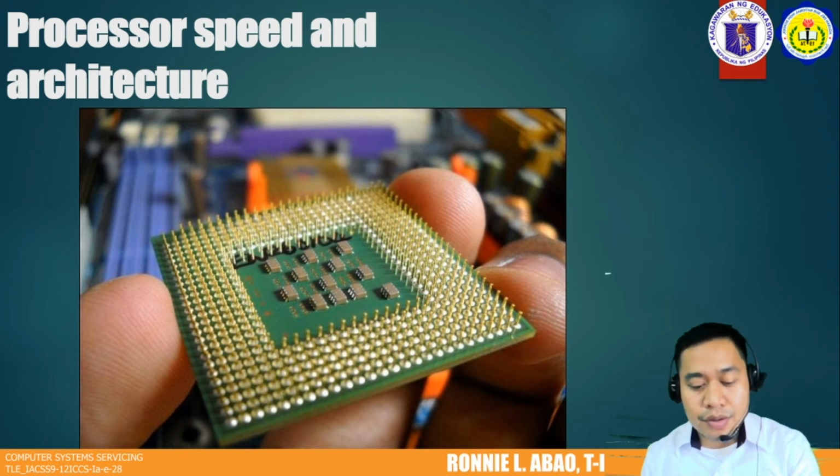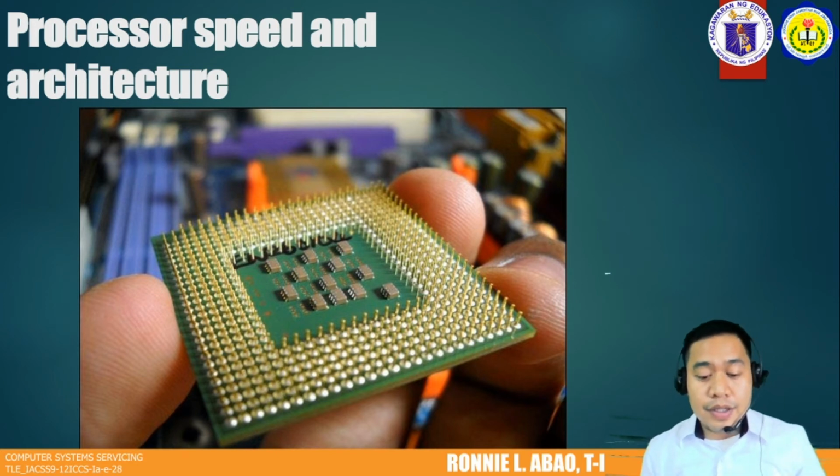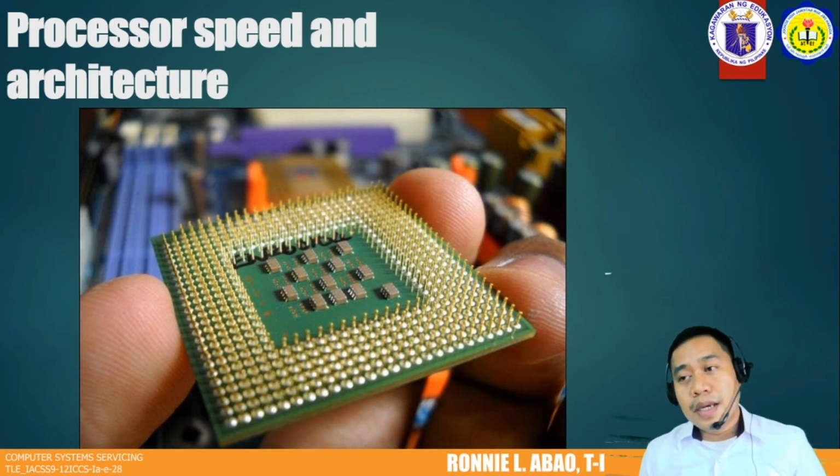Okay, so meaning this is referring to your CPU. So ang mga CPU ngayon, ang pinaka-latest is meron tayong Core i7. Second niya is Core i5, Core i3. Yan ang mga pinaka malakas na processor natin sa ngayon. Okay?